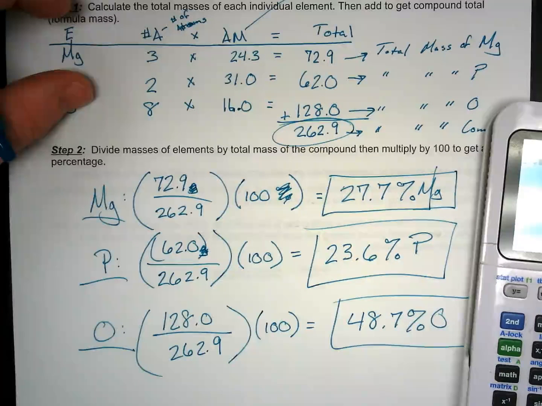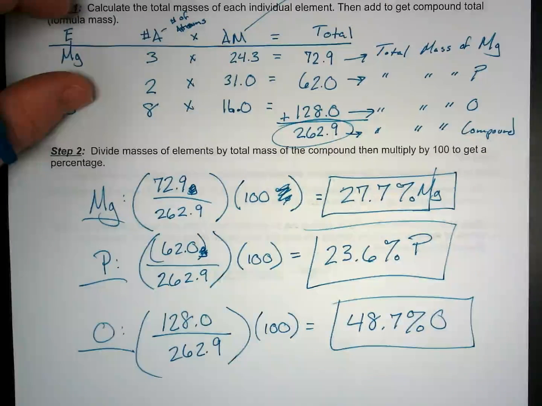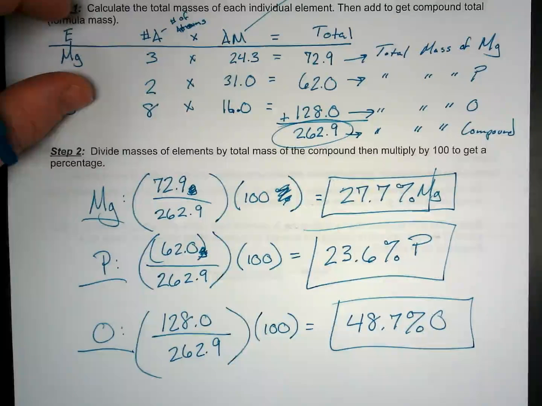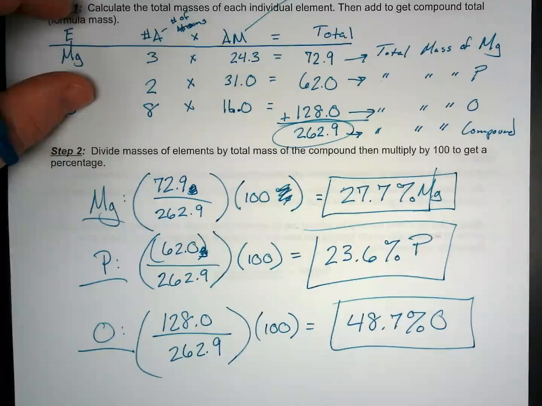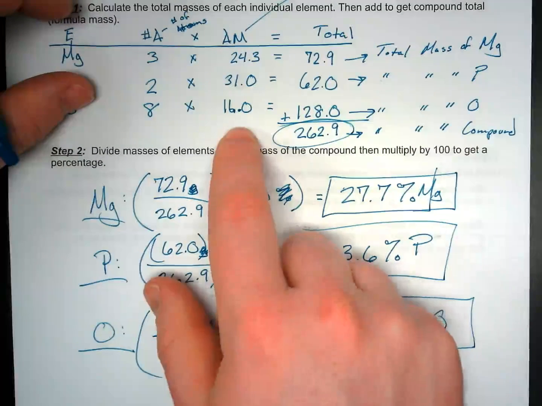Let's add 27.7 plus 23.6 plus 48.7. That one does come up to 100. It is possible because we're keeping a relatively low number of sig figs, or at least just decimal places, really. That's really all we care about specifically right here.